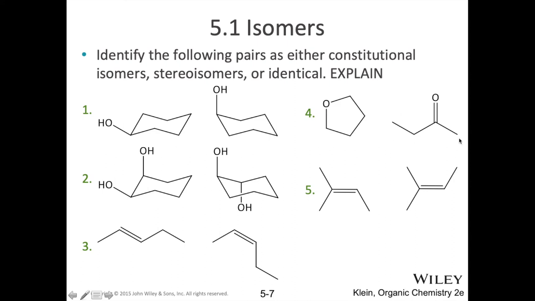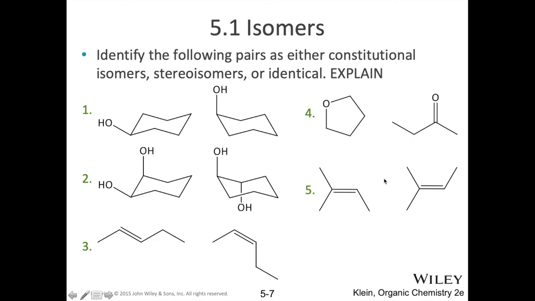So that's 8 hydrogens, and we've got 1 oxygen. Both of these have the same molecular formula, but are they connected in the same way? Clearly not. We have a double bond between this carbon and this oxygen. There are no double bonds here. So these two are constitutional isomers. Things are connected differently. We don't have our carbons in a ring like we do over here.